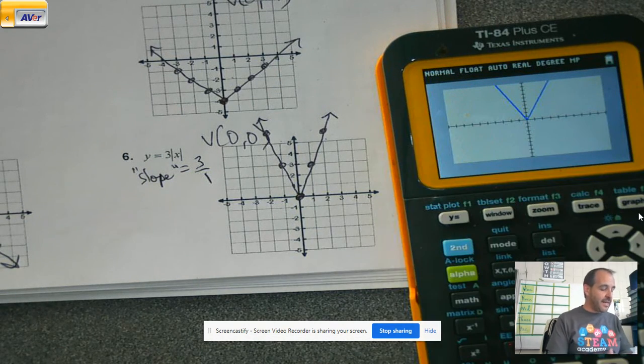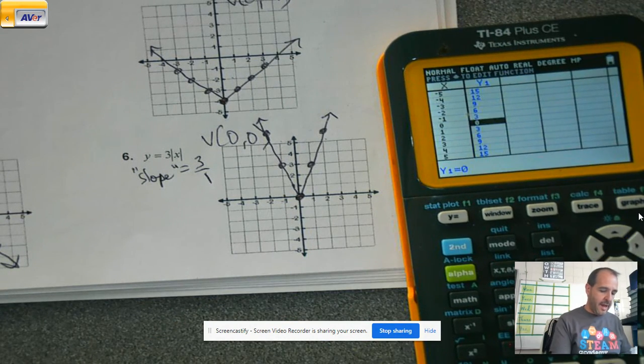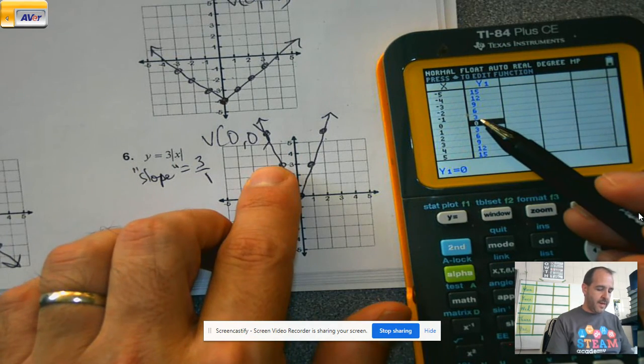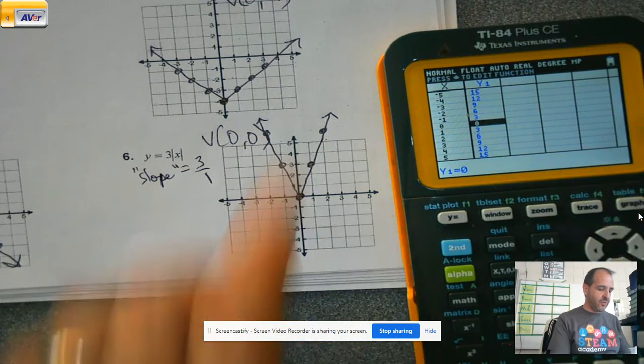It's skinnier, though, okay? Sometimes there's different words that the mathematicians use for this too. Let me pull up the chart so you can kind of see here. Okay, there's my reflection. 1, 3, negative 1, 3, negative 2, 6, positive 2, 6.